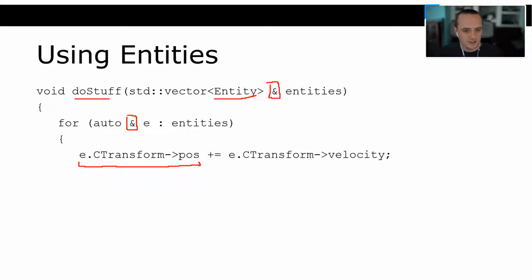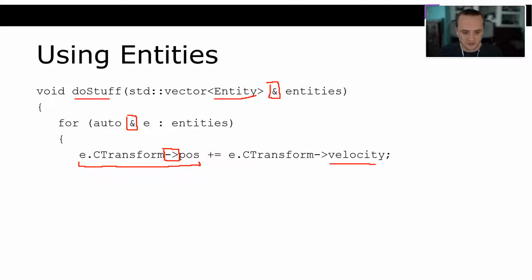This is a shared pointer, so I access its variable with the arrow operator instead of the dot operator. And I access the position variable of the C transform component, and what I want to add to that is the velocity variable of the C transform component. Okay, so that's how I update the position of all my entities.